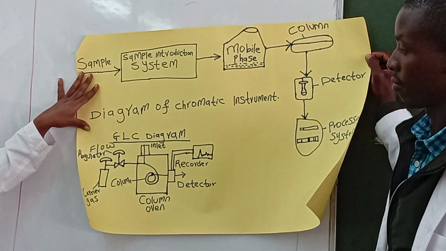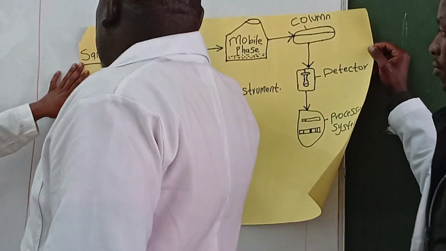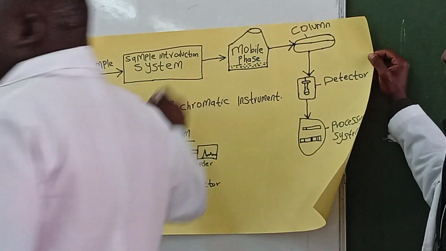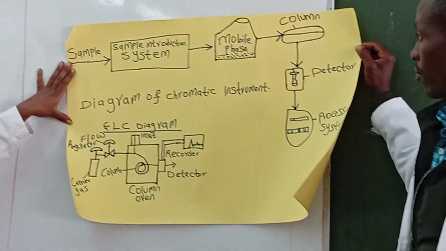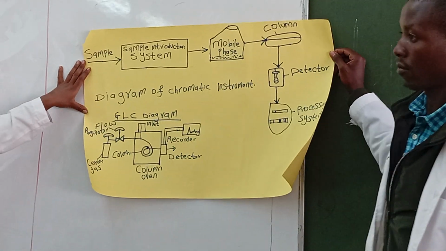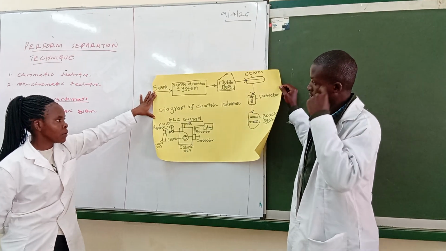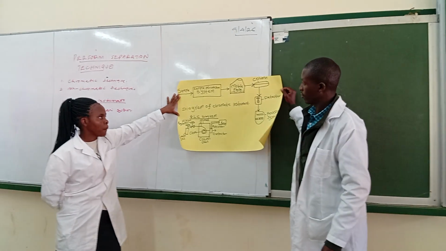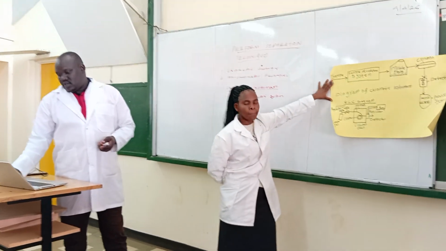Examples include syringes for manual use, autosamplers for automated high-throughput analysis, and split injectors for gas chromatography.